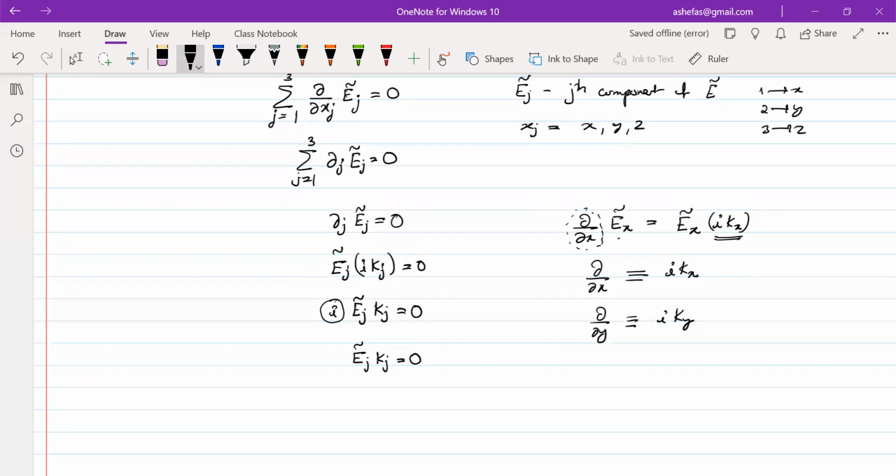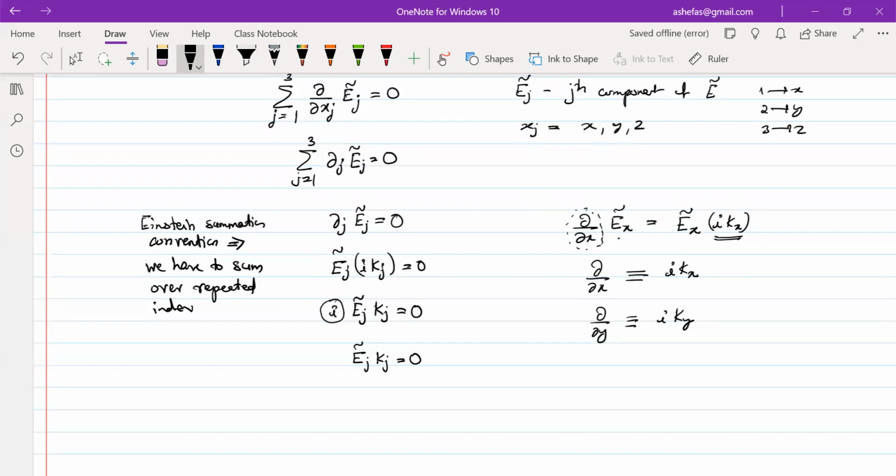Okay, remember we have used the Einstein summation convention here. What is that? Einstein summation convention means we have to sum over repeated indices.